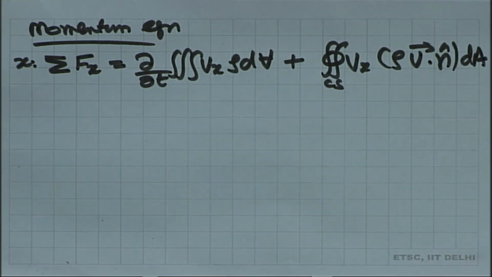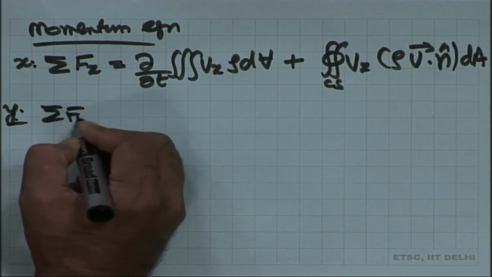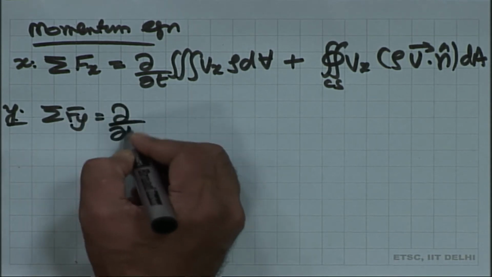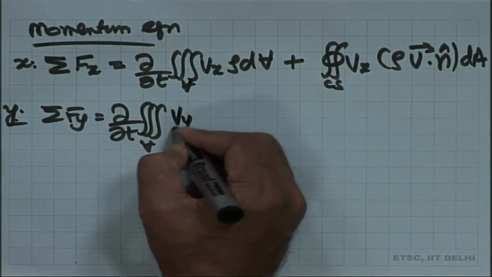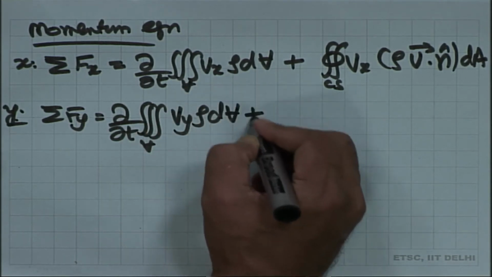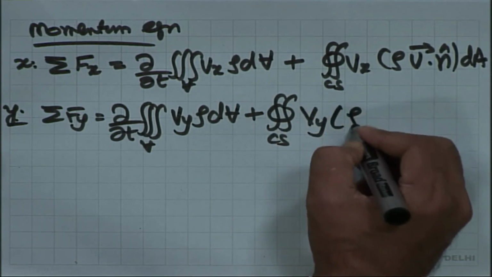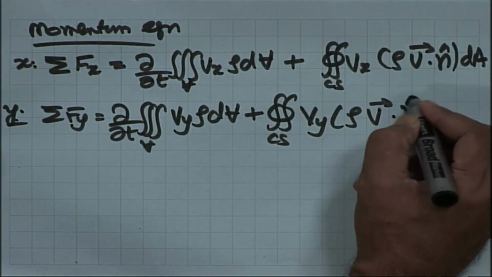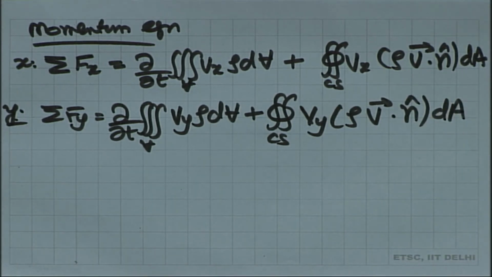And similarly, in the y direction, sigma Fy is equal to partial by partial t volume integral of Vy rho dV plus integral on the control surface Vy times rho V dot n dA.